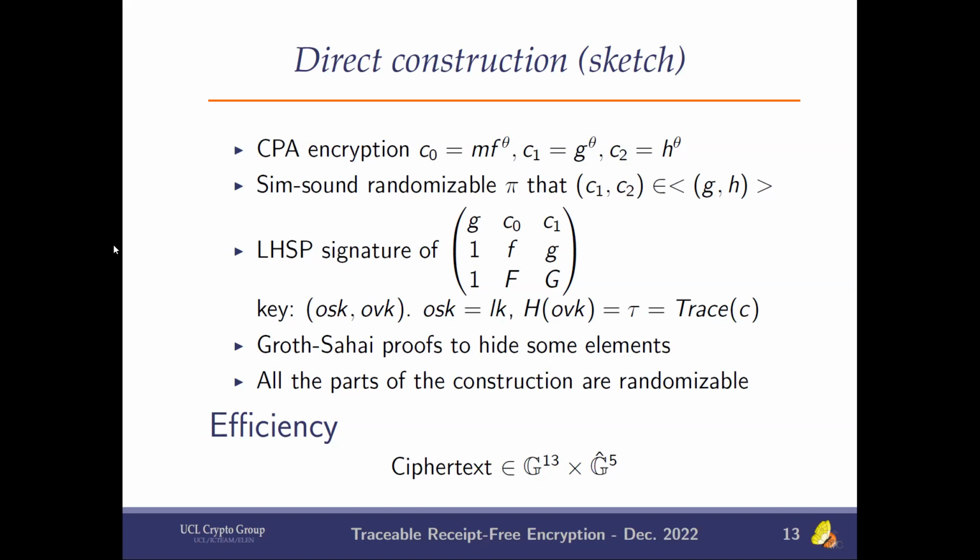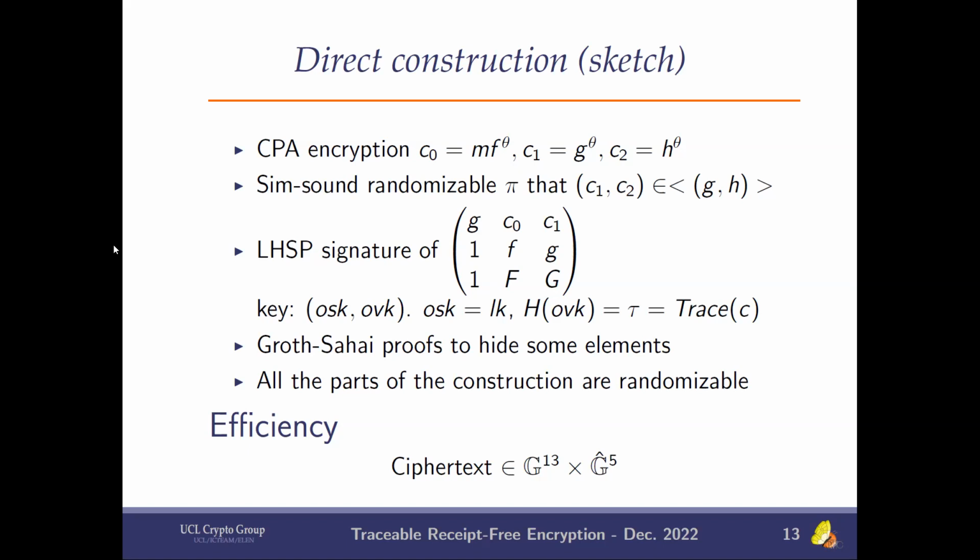And the last row is for technical reasons. This capital F and capital G are in the span of F, G initially, but in the reduction, we embed a DDH challenge to make it easy to randomize the ElGamal encryption at some point to hide the message.